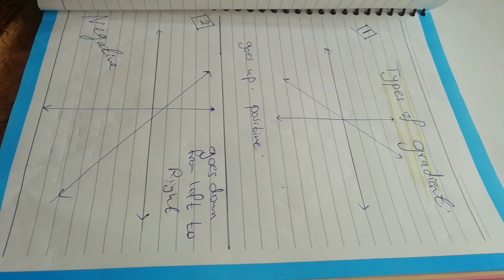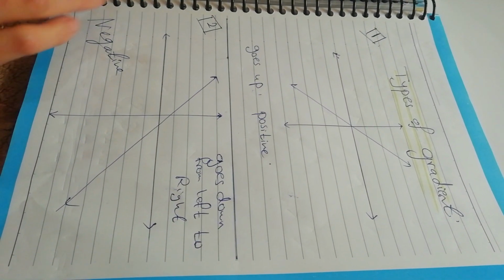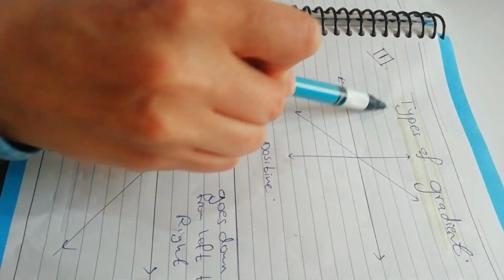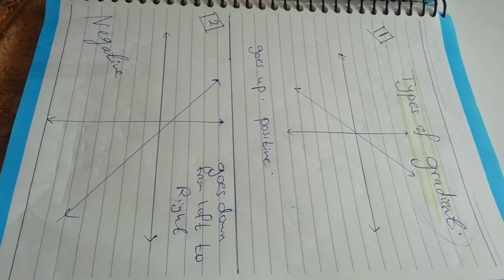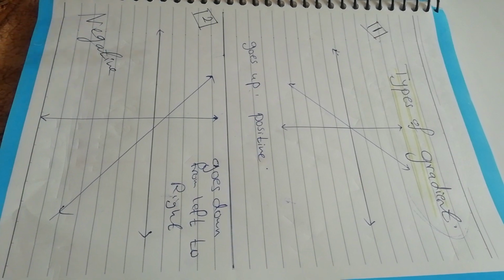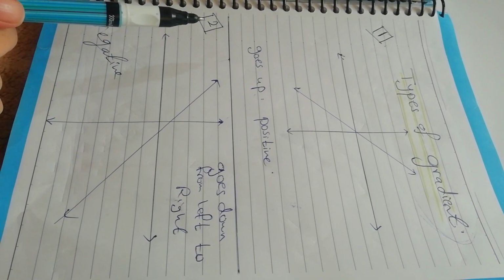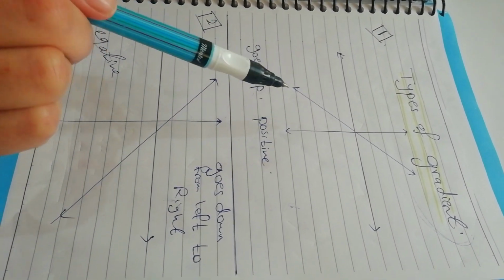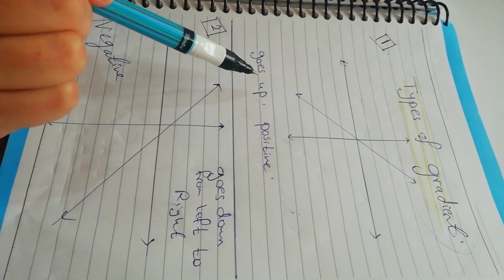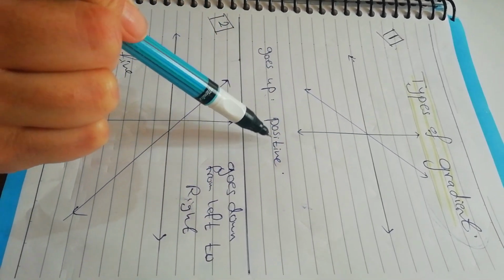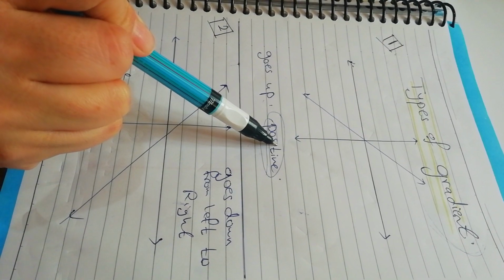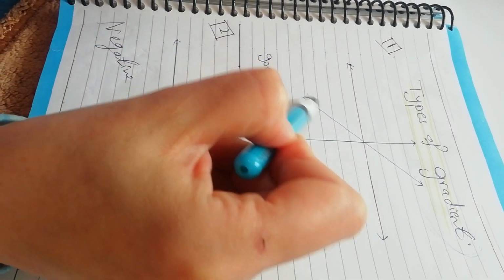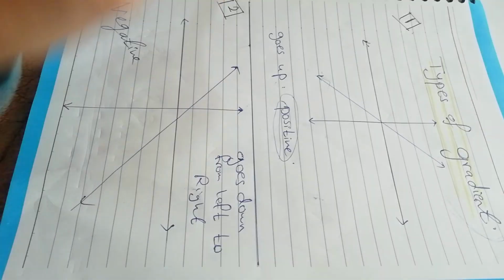Now, let's talk about types of gradient. There are 4 types of gradient, as we took in the previous example. If the gradient is positive, the line goes up, increasing.